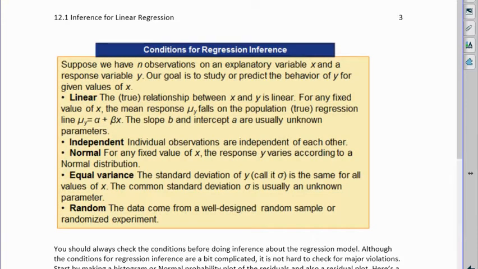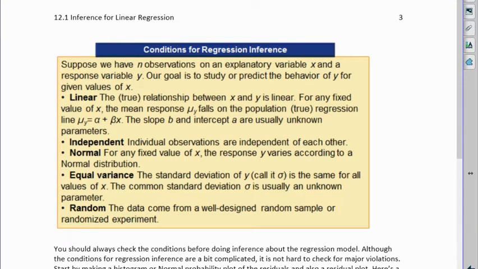Okay, so conditions for regression inference. Suppose we had n observations on an explanatory variable x and a response variable y. Our goal is to study or predict the behavior of y for given values of x. First of all, we need to see that this thing is linear, because if it's not linear, then why are you doing linear regression?